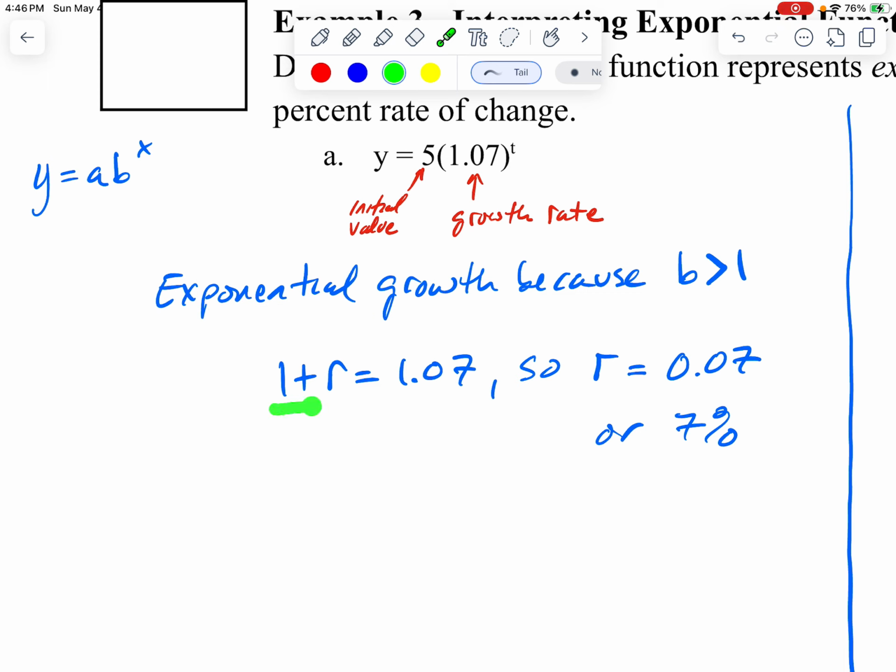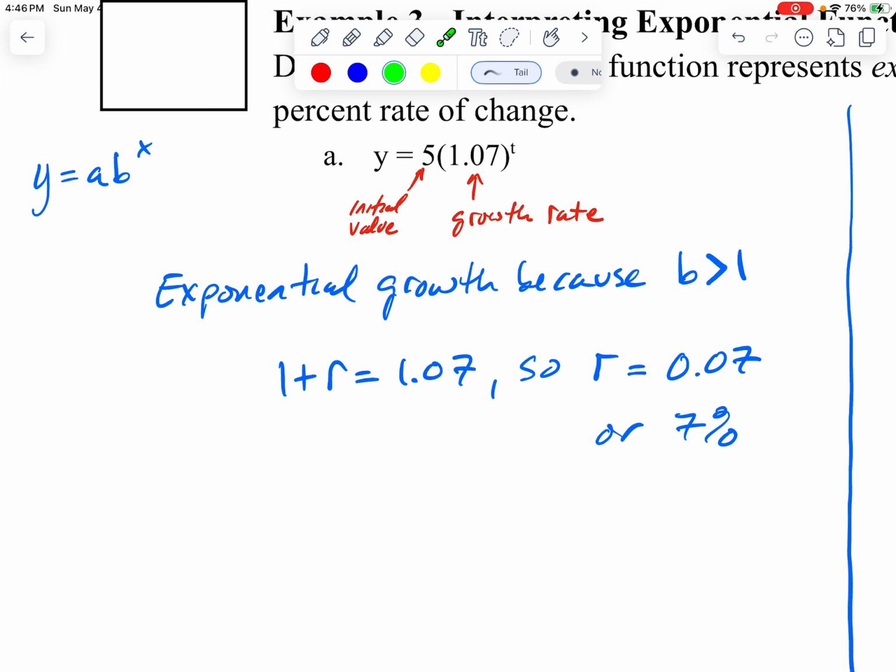And if 1 plus r is 1.07, then r must be 0.07. That's how much bigger than 1 that b value is. So 0.07, that's the same as 7%. So to get from a decimal to a percent, we just move that decimal place 2 places, because percent means out of 100.